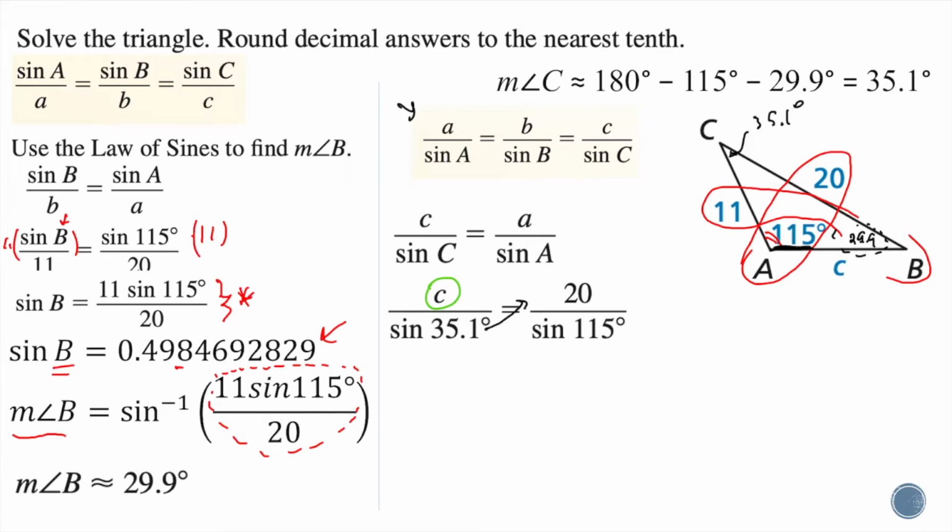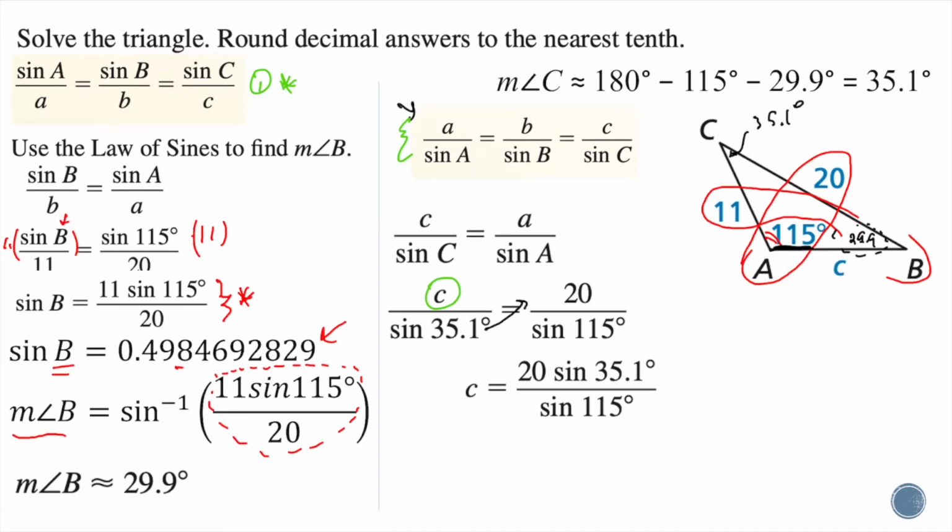If it's in the denominator, we need to move it to the numerator. And that's why I chose to use this proportion instead of the first one that we did. However, if you did the one on the left, you would get the same answer. You would just have to do a little more algebra to solve for that C.